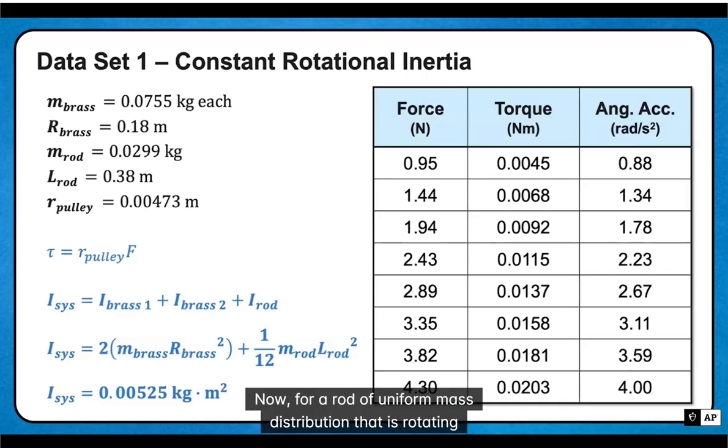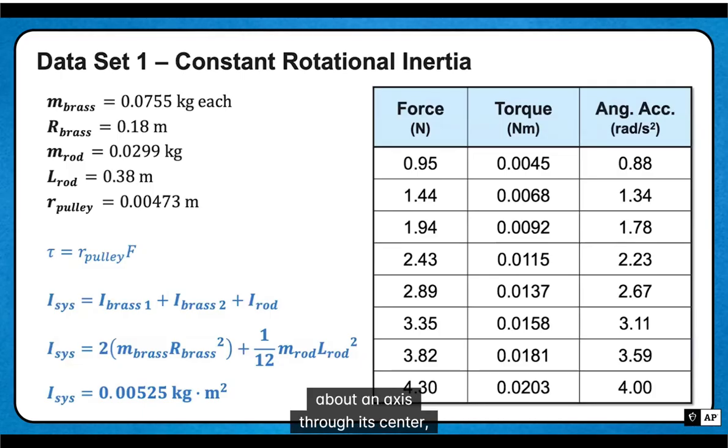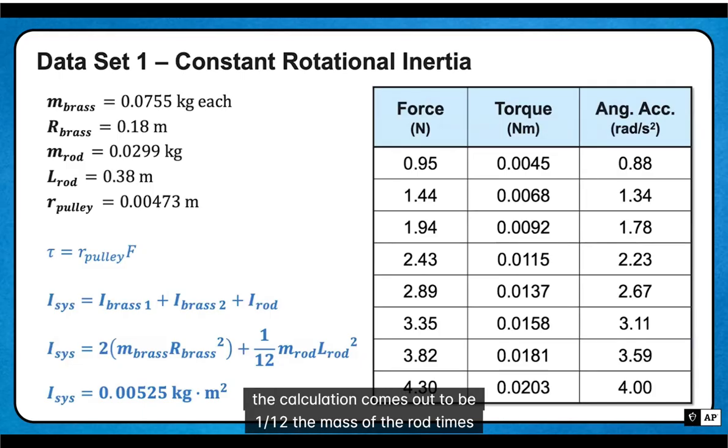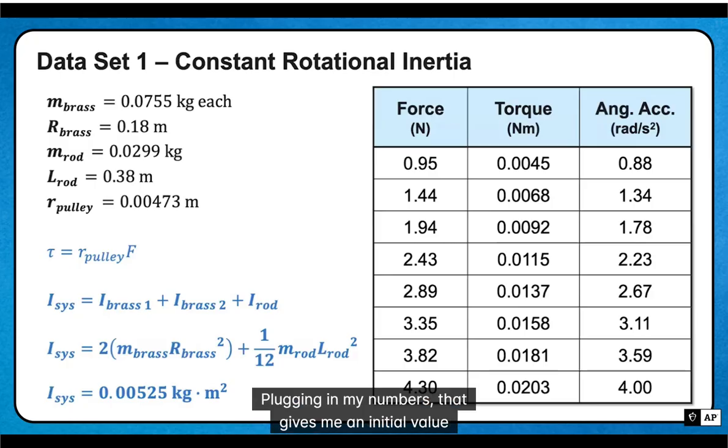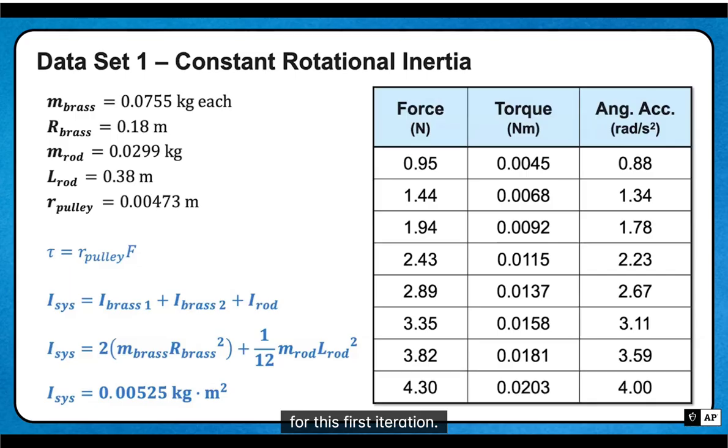Now, for a rod of uniform mass distribution that is rotating about an axis through its center, the calculation comes out to be 1/12 the mass of the rod times the length of the rod squared. Plugging in my numbers, that gives me an initial value to use for the rotational inertia of this system, and that's the value that we're going to keep constant for this first iteration.